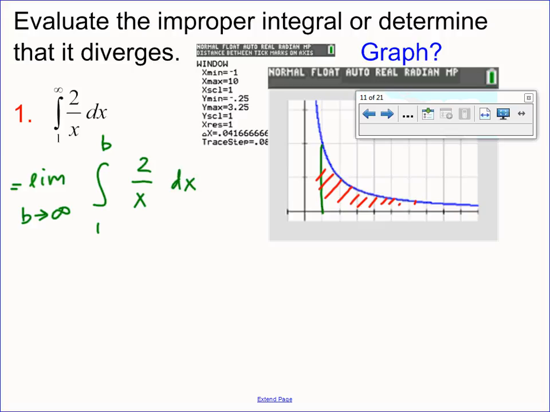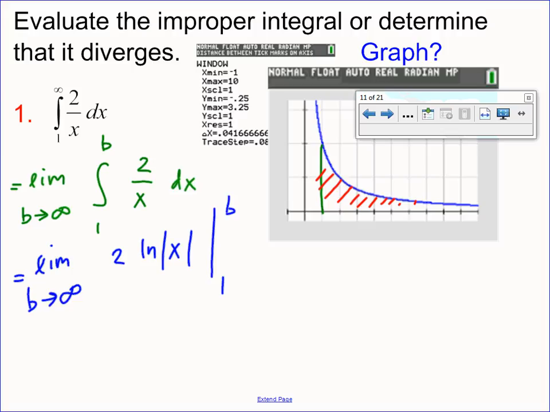So can we find an antiderivative for this integrand function? Absolutely. 2 over x integrates to 2 natural log absolute value of x. So we'll go ahead and try to evaluate the limit as b goes to infinity of 2 natural log of absolute value of x evaluated from 1 to b.